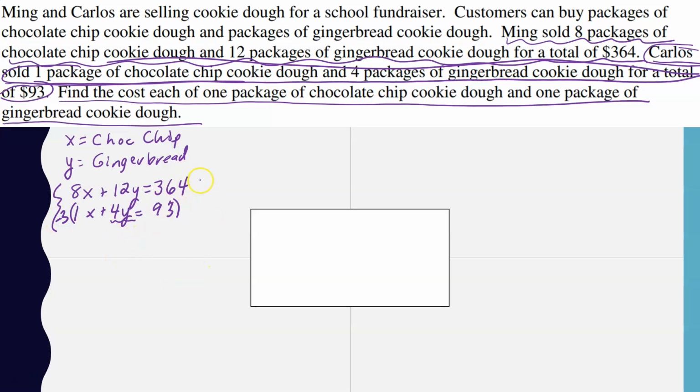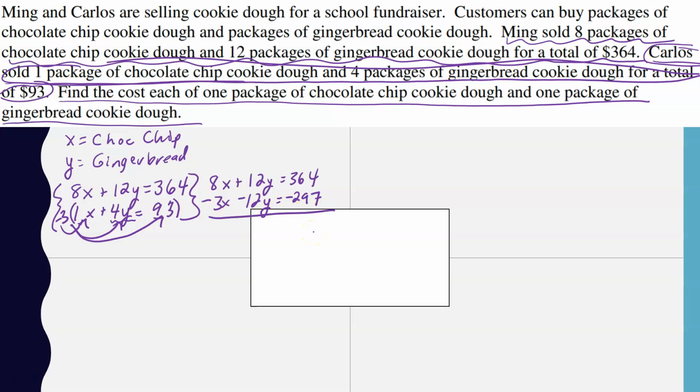So when I did this problem, I carried over the top equation, 8x plus 12y equals 364. And I chose to multiply the bottom equation by -3. So I get -3x minus 12y equals, and -3 times 93 gave me -279.